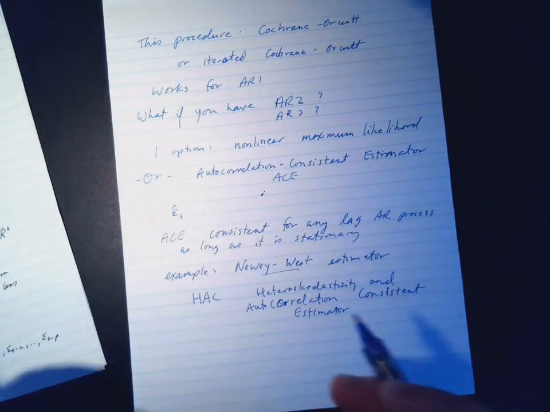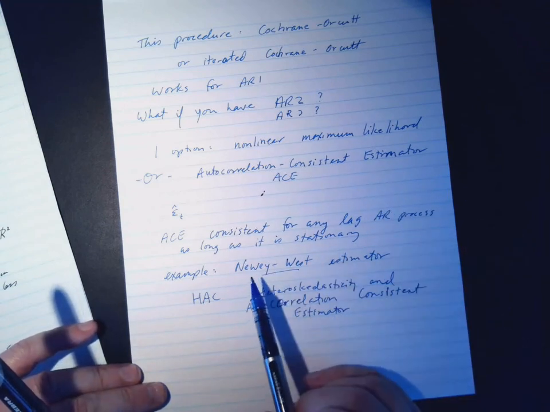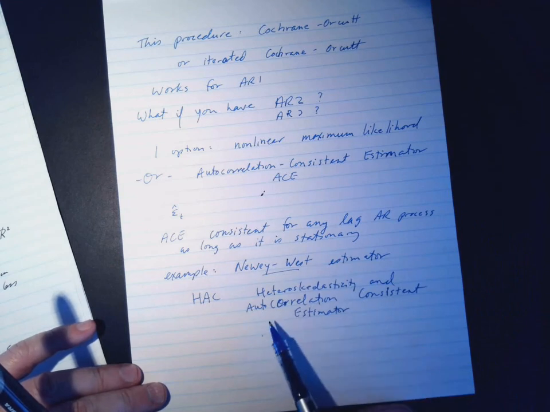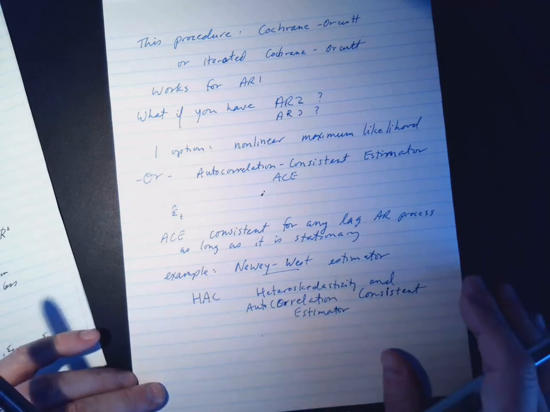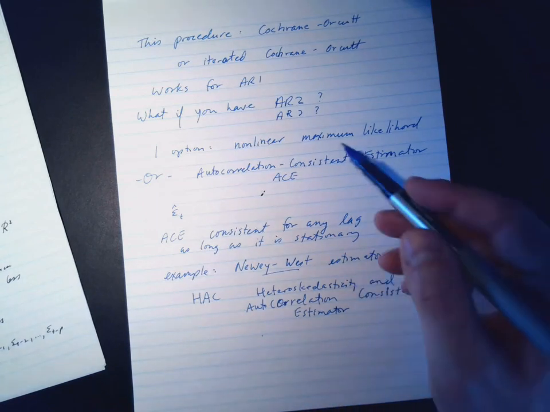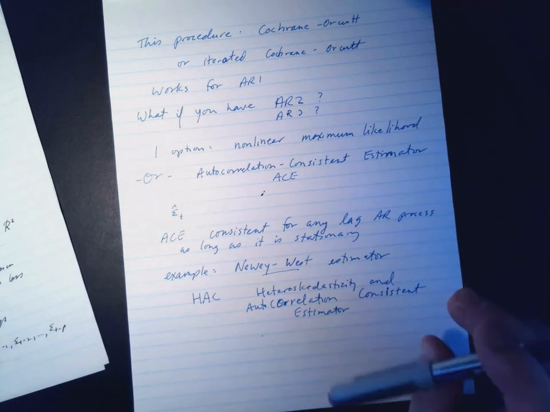It just takes ages, and you're never quite sure you've got the right one. So it's far more common now for people just to switch to a HAC estimator like Newey-West. And then if you've got a large enough sample, you're going to get close to as good a solution as with GLS.